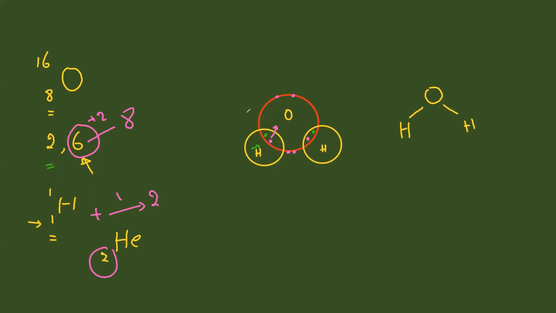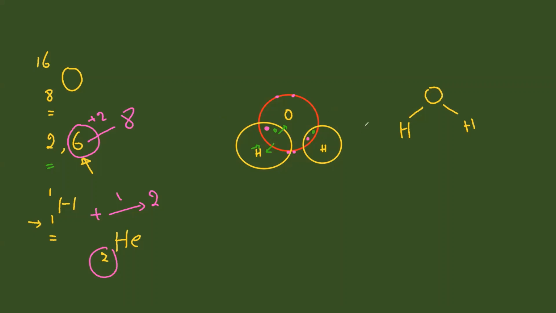So if I want to draw this correctly, I'm going to select this one to increase this hydrogen, in order to show you how the electrons are shifted. Here I have the electron of oxygen, and here is the electron of hydrogen. They are shifted towards the oxygen, not towards the hydrogen.